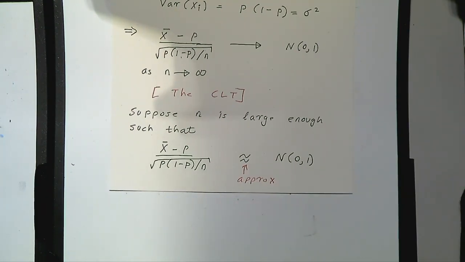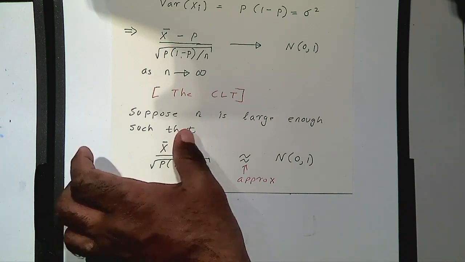So I'm assuming that n is a large number, so that this guy here approximately has a standard normal distribution, right?